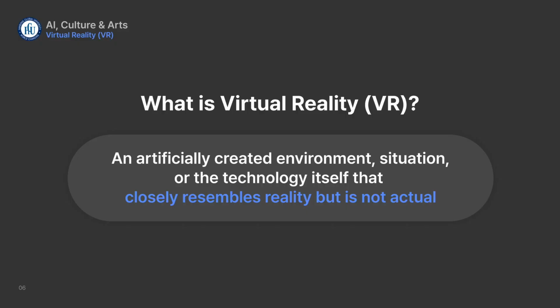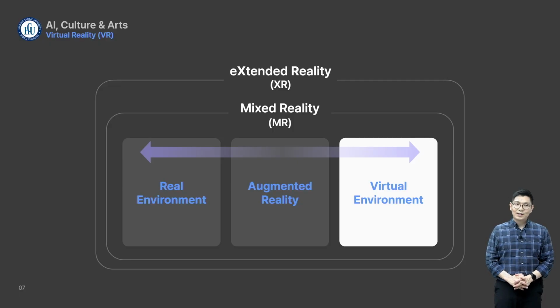Virtual reality can be defined as an artificially created environment, situation, or the technology itself that closely resembles reality, but it's not actual. If this concept is a bit challenging, the next slide should help clarify. Consider that our daily life is what we call reality.